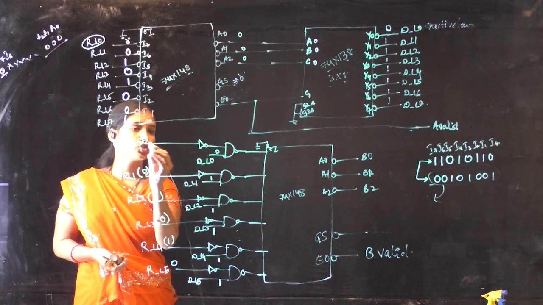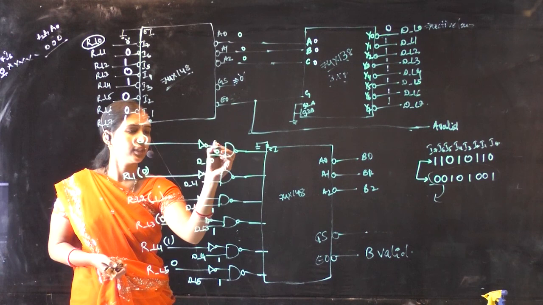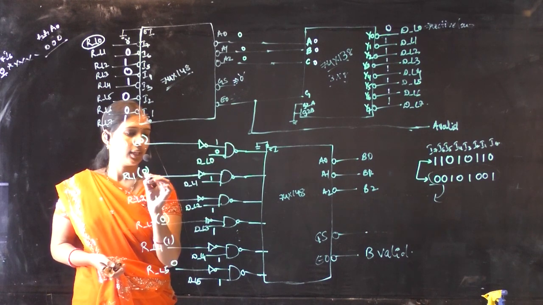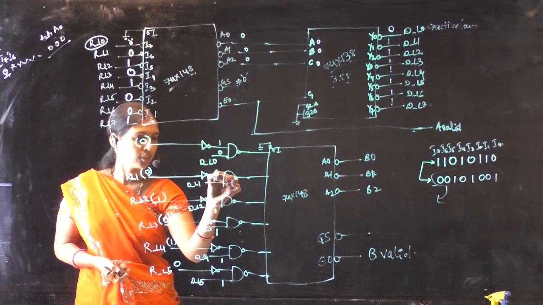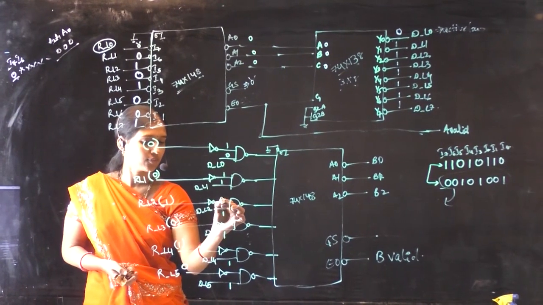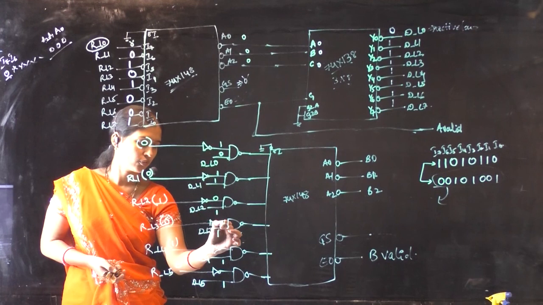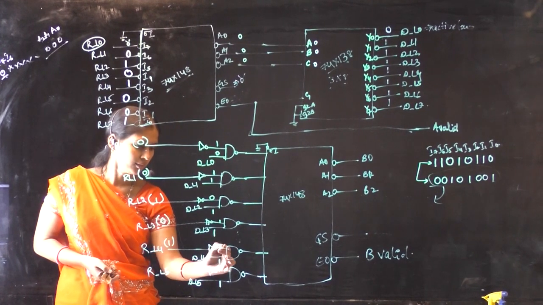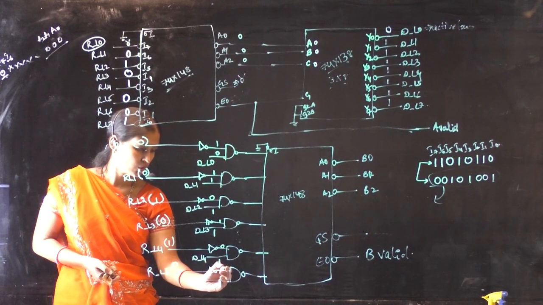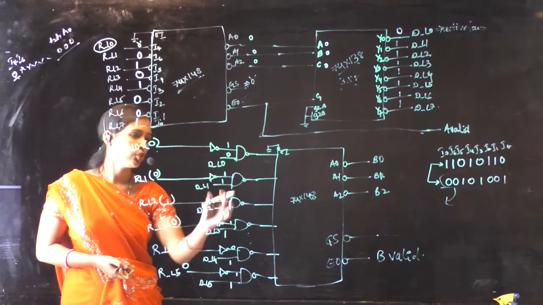See here, if 0 input is given, what will be our inverted output? It will be 1. If 1 is given, the inverted output will be 0. If 0 input is given, output will be 1 here, and 1 gives 0. Now, what will the NAND gate tell us?